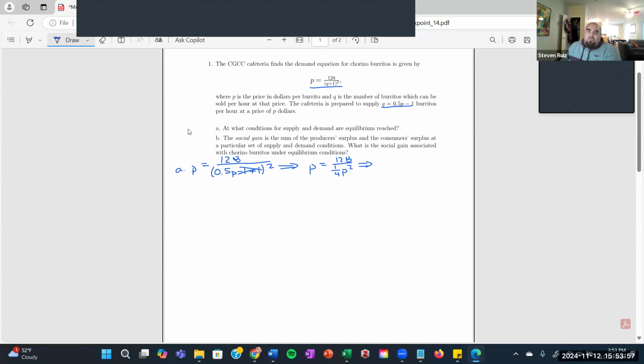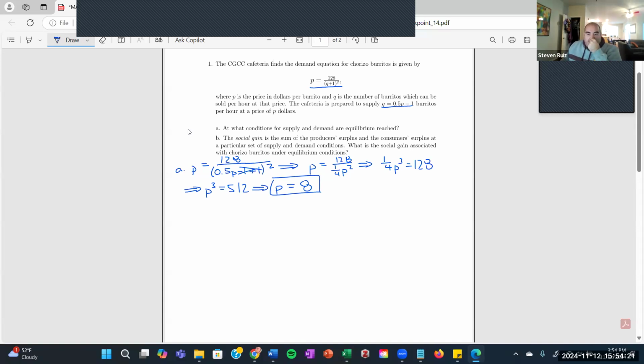So this becomes 1/4 P cubed equals 128, or P cubed equals 512. And then finally, P, the cube root of 512 is 8. So here's my price point, $8.